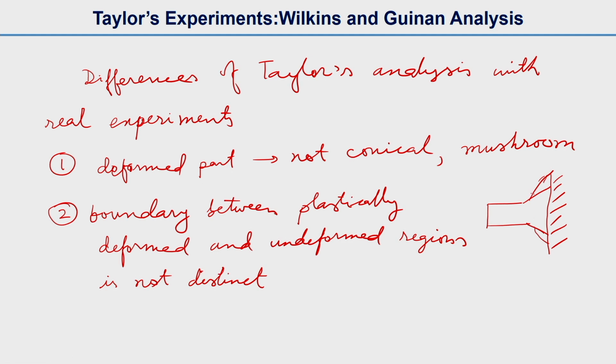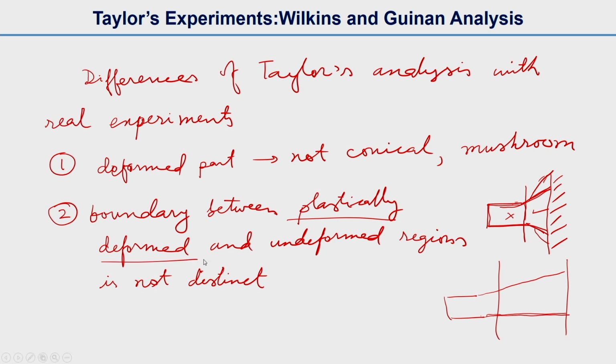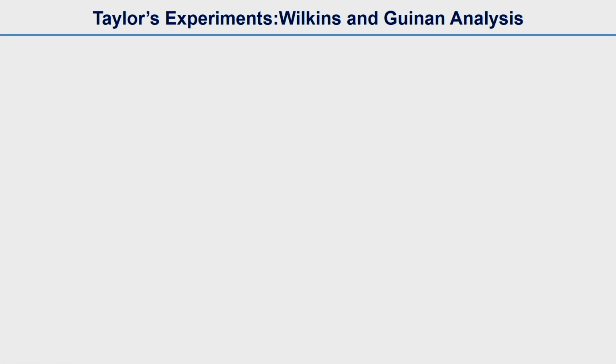That means the Taylor analysis says there is a clear boundary between the plastically deformed and undeformed part, but in a real material there can be gradual deformation, where we cannot exactly know where the boundary between the plastically deformed and undeformed part is.